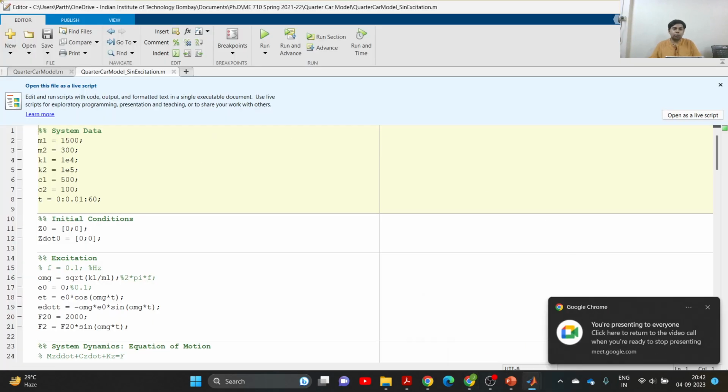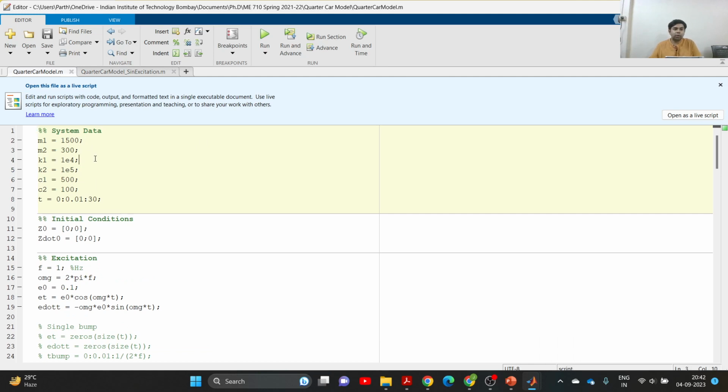Let us look at our sample code. Here we have entered the specifications, the masses and the stiffnesses, and we have also given the time interval. We are also assuming that the initial conditions z naught, the initial displacement of the masses m1 and m2, are 0, and the initial velocity of the masses M1 and M2 is also 0.